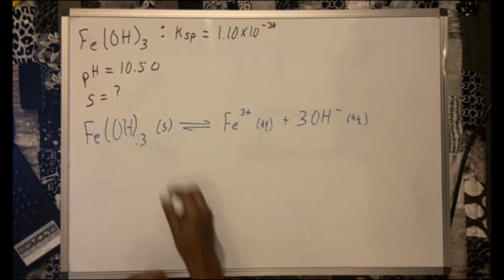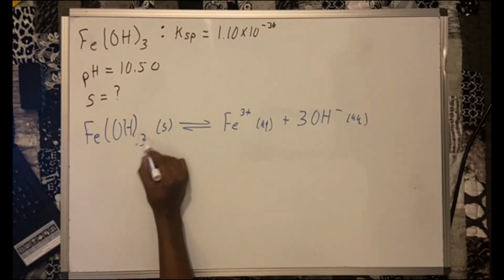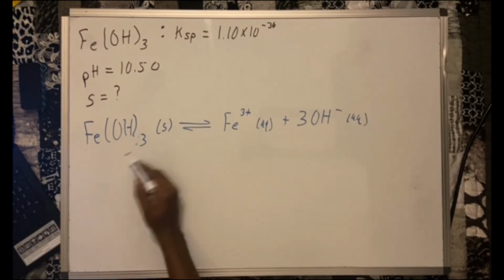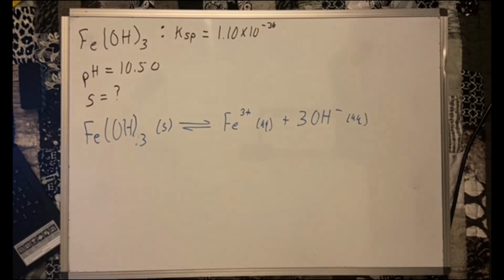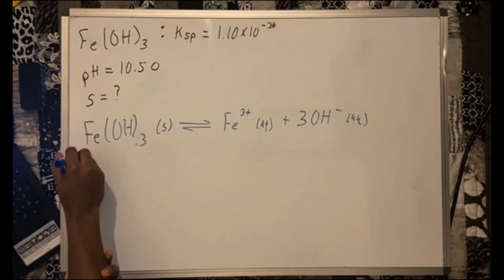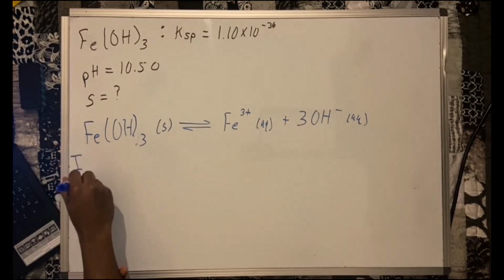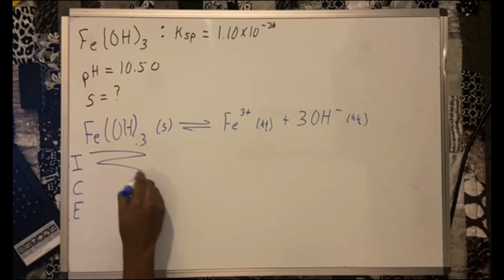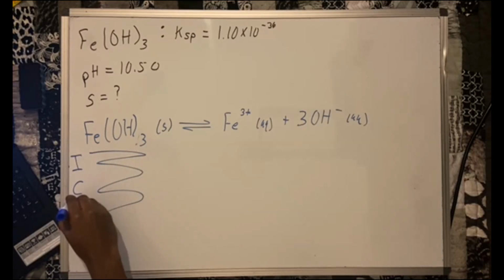Don't forget, you need to balance this. Just make sure you balance this before you do anything with it. Okay, we would do our ICE table, and that's solid, so we don't care about this.